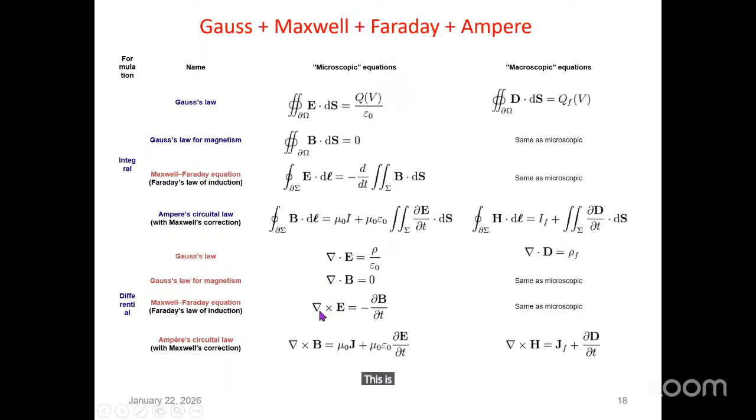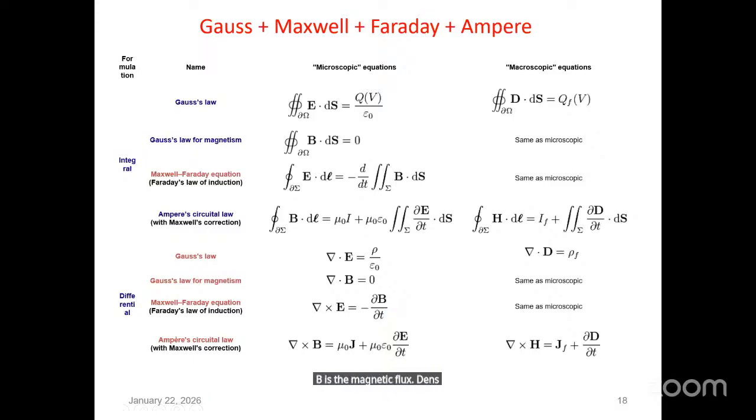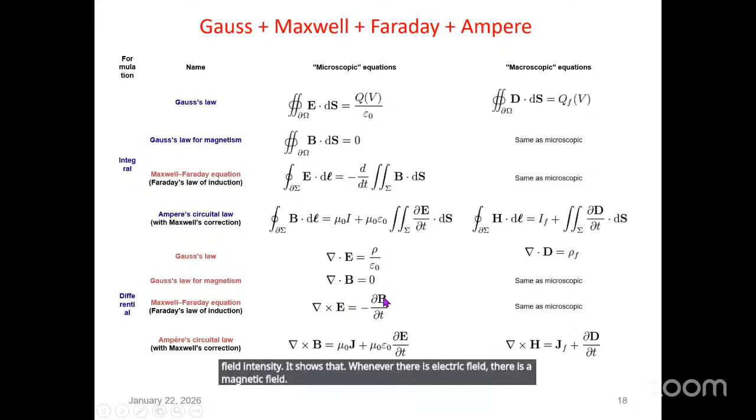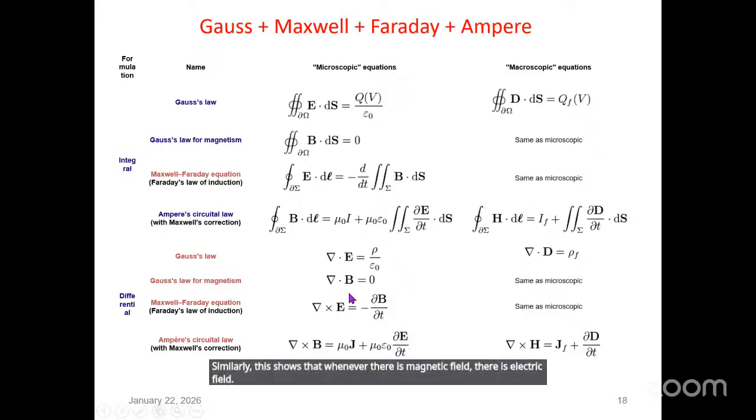This is the curl of E. Curl of electric field is nothing but minus d by dt of B. B is the magnetic flux density, and B is nothing but mu into H. H is the magnetic field intensity. It shows that whenever there is an electric field, there is a magnetic field. Similarly, this shows that whenever there is a magnetic field, there is an electric field, and vice versa.